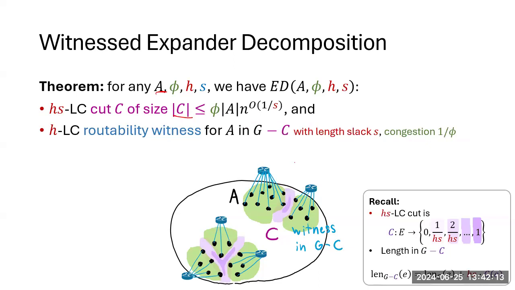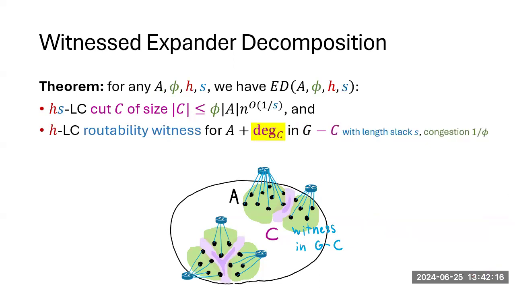By the way, this is nice, but many times you actually want not just the routability witness of A, but the routability witness of A plus the degree of C. The degree of C is just the degree profile of the nodes incident to C. If some node is incident to a lot of cut edges, then that node has a higher degree. So the degree of C at V is just the sum over edges E that contain V of C(E).